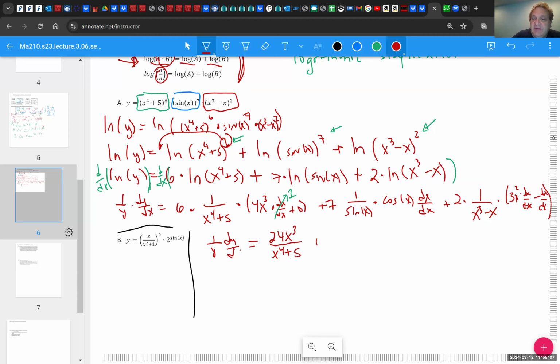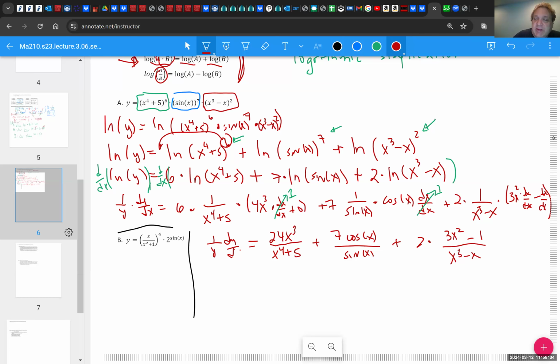The second fraction, I have a 7, a 1, and a cosine x on top. So we'll call that 7 cosine x over sine x. If you wish, you could write this as cotangent if you remember those trig simplification formulas. The dx/dx of course isn't there anymore because it's just multiplied by 1. And lastly, I have this 2 times this critter right there, which is 3x squared minus 1, and the denominator is x cubed minus x.